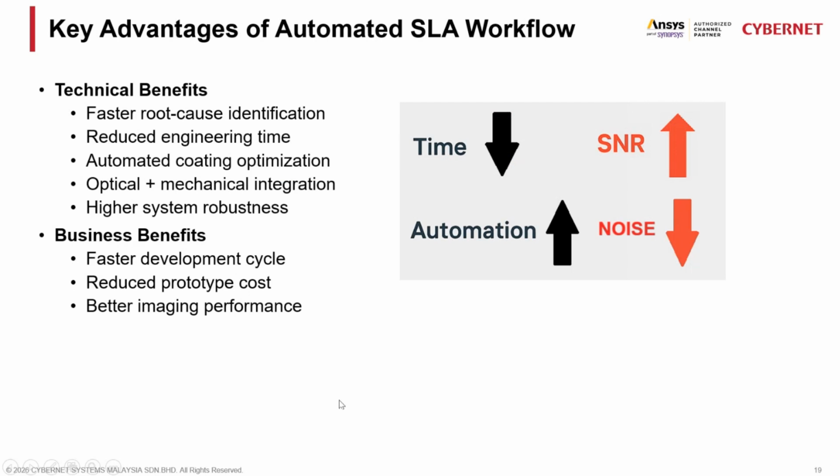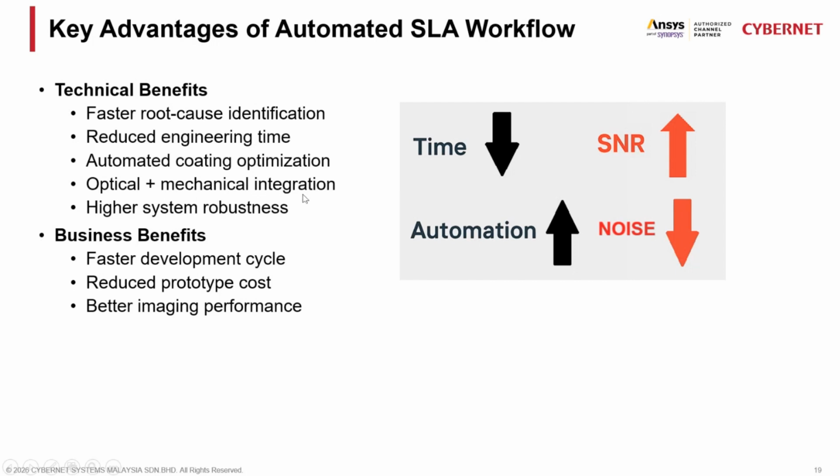So here is the key advantage of the automated SLA workflow. The first one is the root cause identification and reduced engineering time, and all the coating replacement and optimization will be automated. Inside this simulation, you will include all the optical and mechanical.